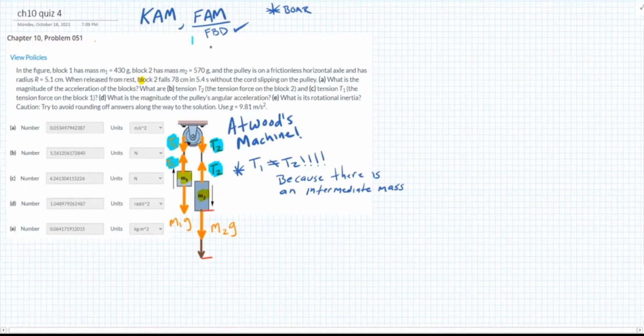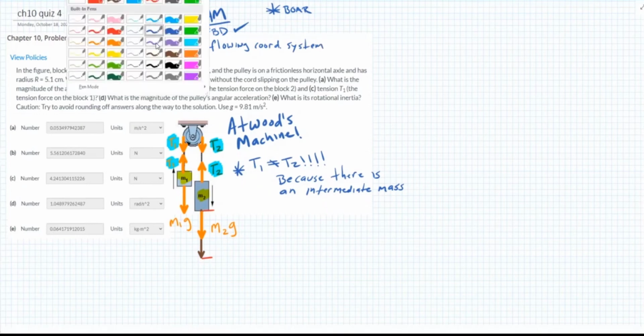Okay, so then coordinate systems. I'm going to write it like this. I kind of like this term. Set up a flowing coordinate system. All right, so here's how my coordinate system is going to flow. One question is, do I know the direction of acceleration?